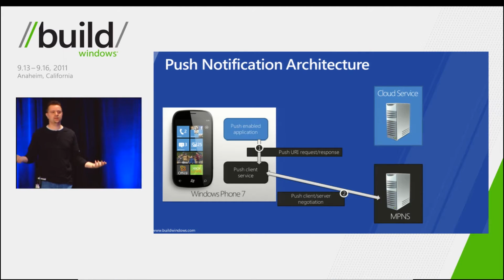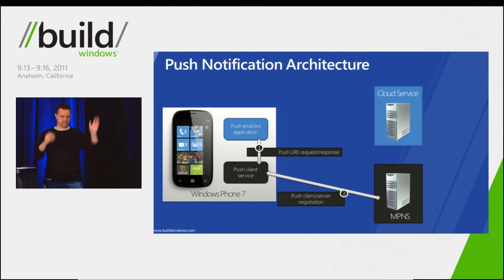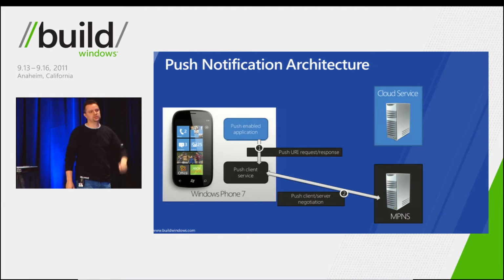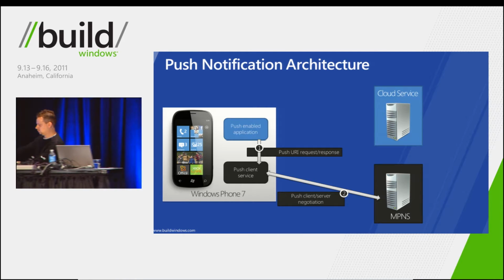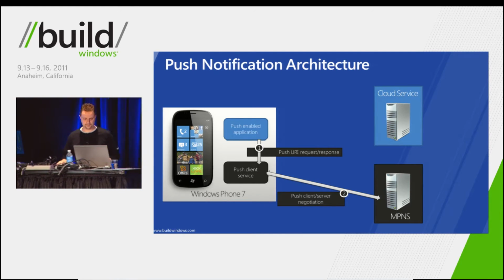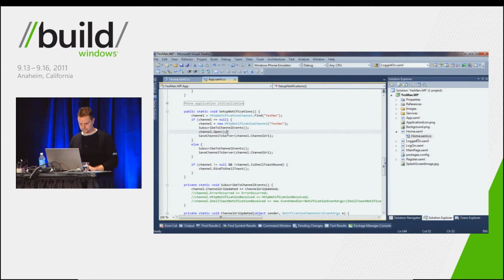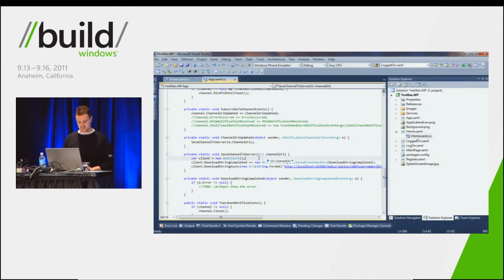So if you're the first app on their phone that does it, it'll actually set up that connection to Microsoft. And then after everything's opened, or it was already open, which is my else here, then save it to the server, which in my case is just another simple HTTP request. There's nothing complicated about setting this stuff up.